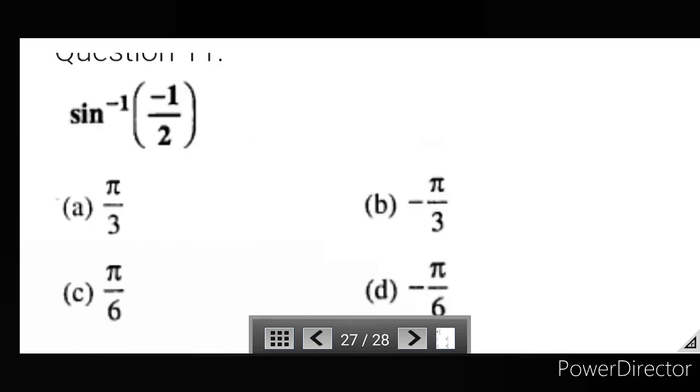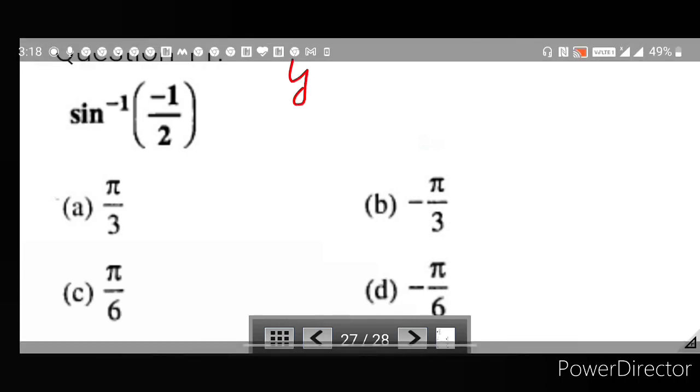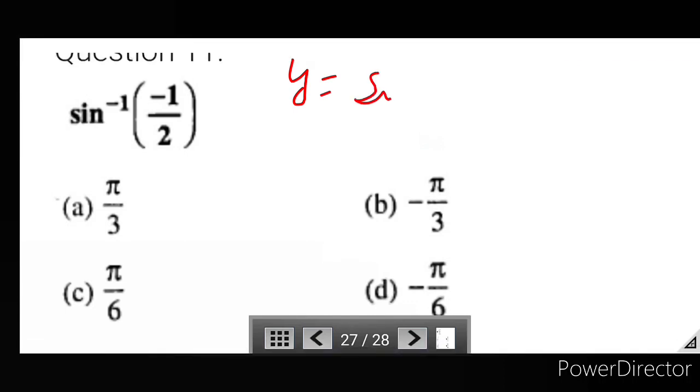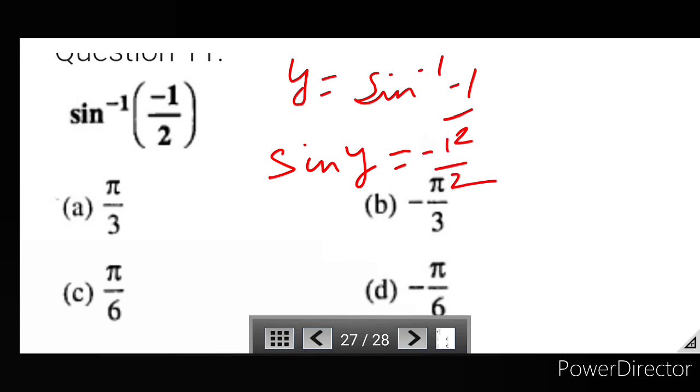Next question, sin inverse minus 1 by 2. So first of all put y is equal to sin inverse minus 1 by 2. So sin y is equal to minus 1 by 2.